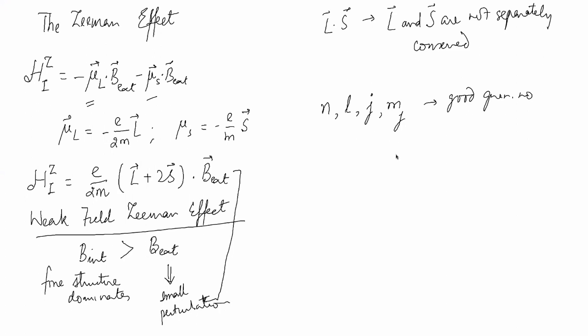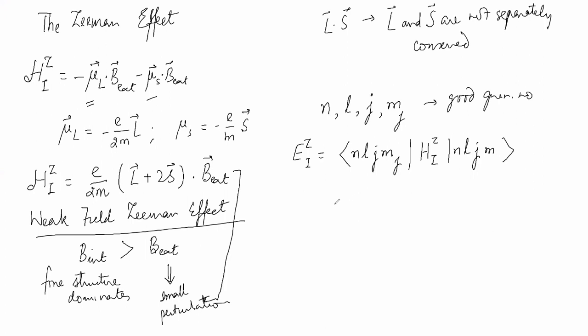n, l, j, m_j. Therefore, the interaction energy that we obtain is the expectation value of H_Z in the state described by n, l, j, m_j.